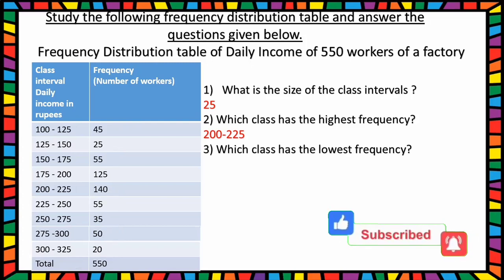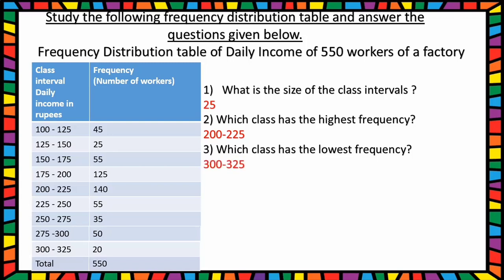Then, next question. Which class has the lowest frequency? Check the frequency distribution table. 20 is the lowest frequency, so the class is 300 to 325. The next question: what is the upper limit of the class interval 250 to 275?